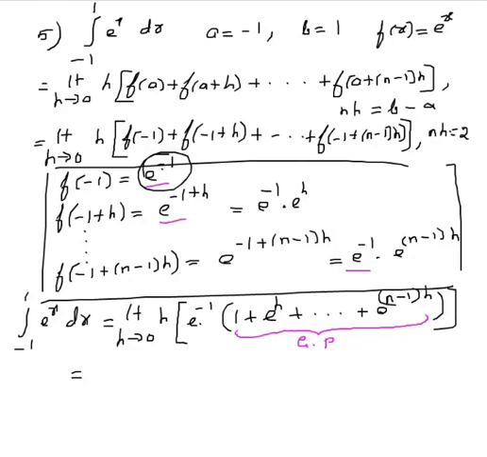And we know sum up to n terms of a GP. The formula is a times r power n minus 1 divided by r minus 1, where a is the first term, r is the common ratio. We get limit h tending to 0 of h e power minus 1. E power minus 1 is a constant.